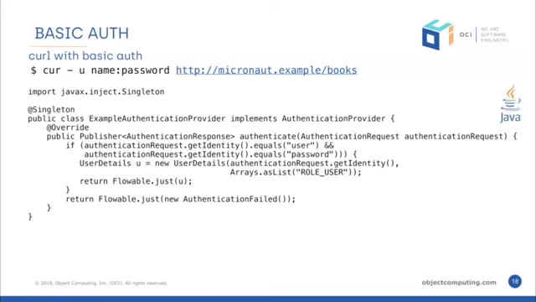And I believe in the second one there is a typo; that should be secret. So basically what I'm doing here is a really naive implementation where I check that the username and the password match what I expected. If that's the case, I instantiate one object called UserDetails, which implements the interface authentication response. And here I pass the username and a list of roles.